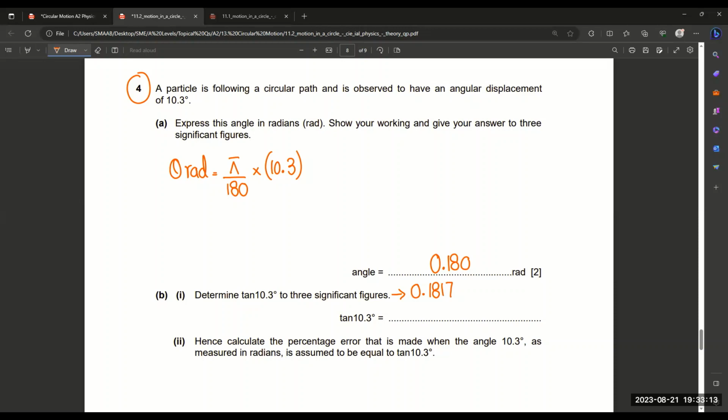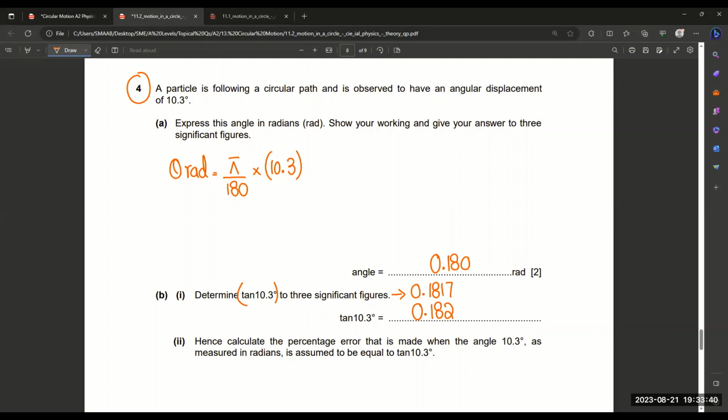You just need to type sin 10.3 in the calculator, and that will give you the answer 0.1817 and so on. But we need to round off to 3 significant figures, and because of the 7, rounding off the previous digit gives 0.182.